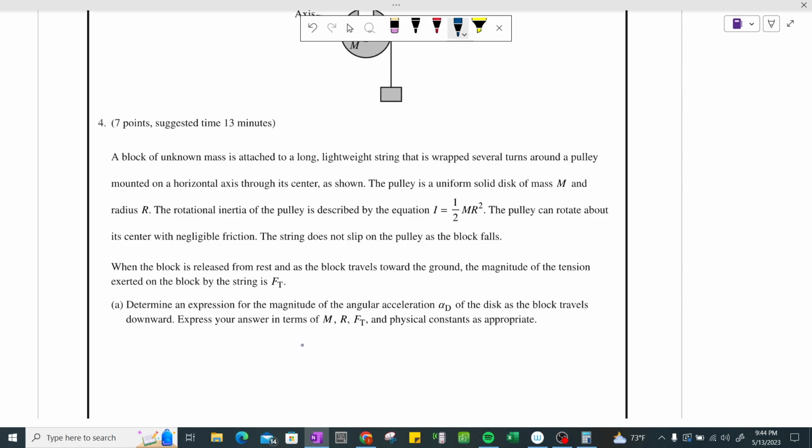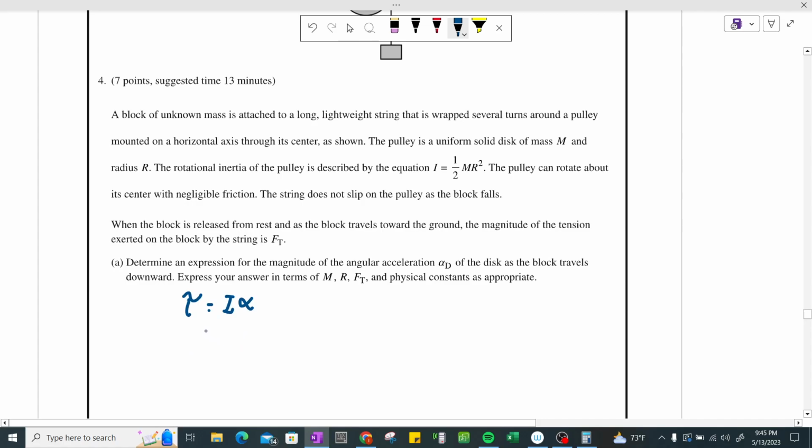So, okay, I think it's pulling on the outside of it, right? Yeah. So first I'm trying to think, okay, they gave me inertia. I've got M, R, my tension force. So let's just think about what we have. Just thinking equations, we'll reason through it. I've got torque equals I alpha. We'll start with that. Could that give us anything? I'm just jotting down some equations that might be useful.